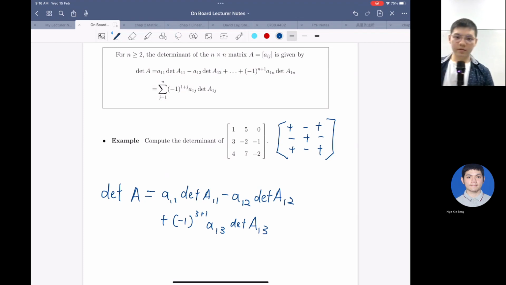Do we stop here? Because this is a 3 by 3 matrix, right? So you have 1, 2, 1, 1, 1, 1, 2, and 1, 3.